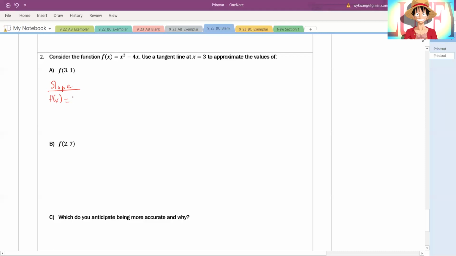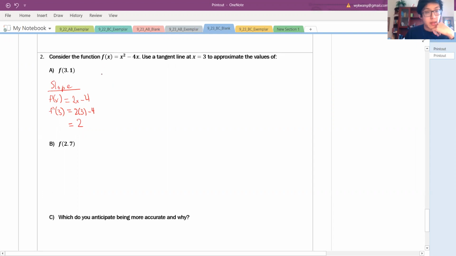I got 2x minus 4. Exactly right. Then what did you do? I plugged in 3 for x, and after I simplified I got m equals 2. Awesome. And then? I plugged 2 back into the original equation we were given. To find the point?